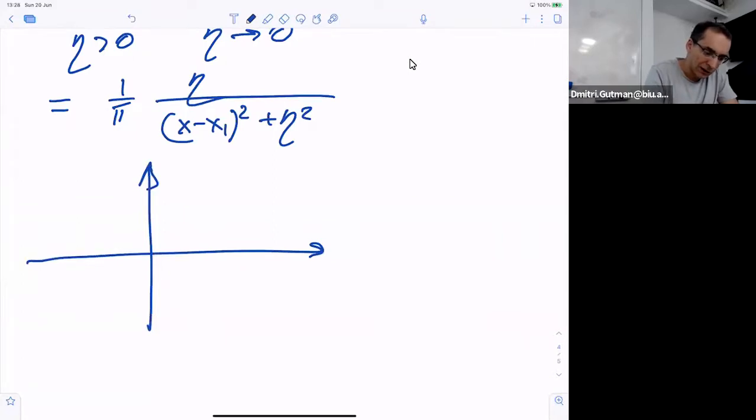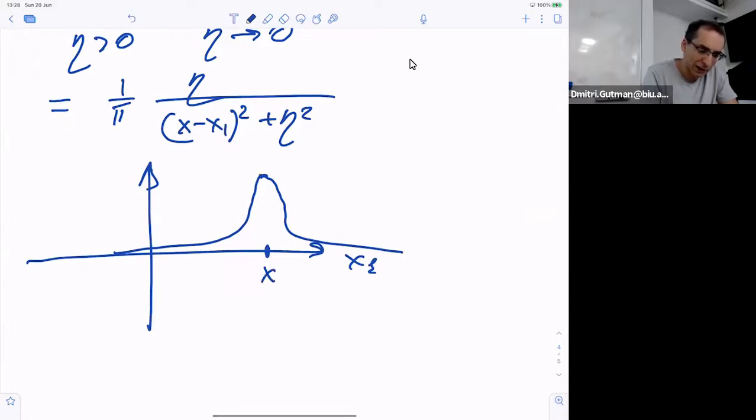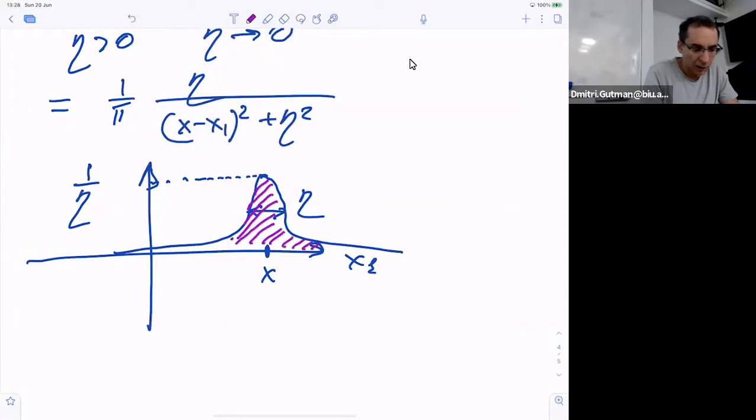So this is indeed a Lorentzian, but it's a Lorentzian peaked at the point x, where x1 is the variable. The height of this Lorentzian is 1 over eta, and the width of this Lorentzian is eta. So if I want to compute the area underneath this Lorentzian, it has width eta and height 1 over eta, so the area is just 1, as it should be for a delta function.